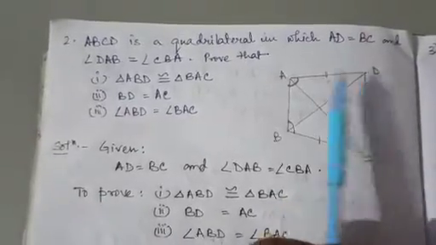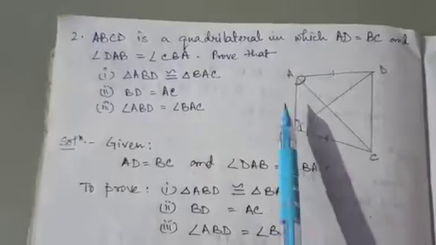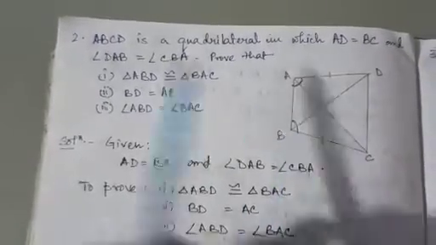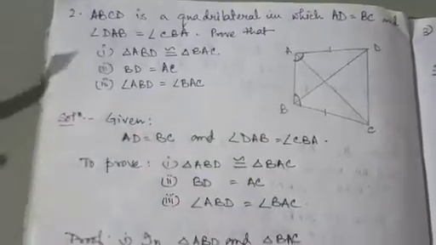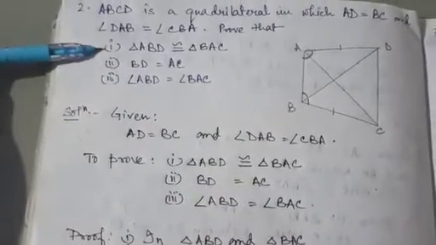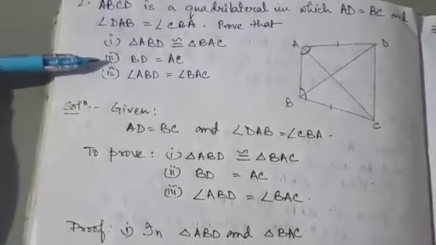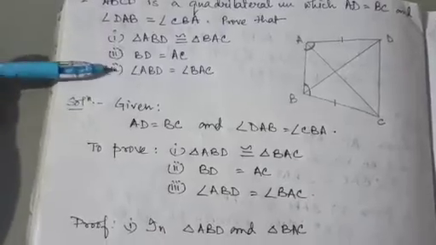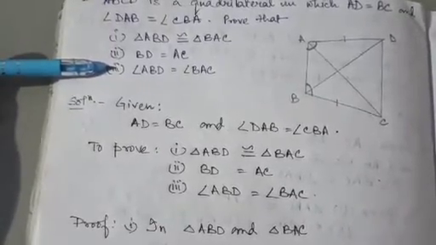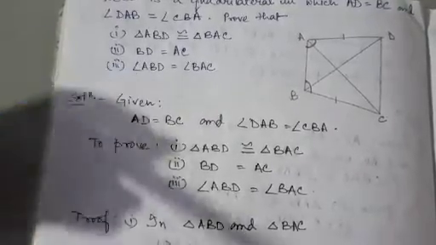So angle DAB, this full angle A, is equal to angle CBA, this full angle of B. Now what we need to prove? We need to prove the first one, triangle ABD is congruent to triangle BAC. Second is BD is equal to AC. And third is angle ABD is equal to angle BAC.